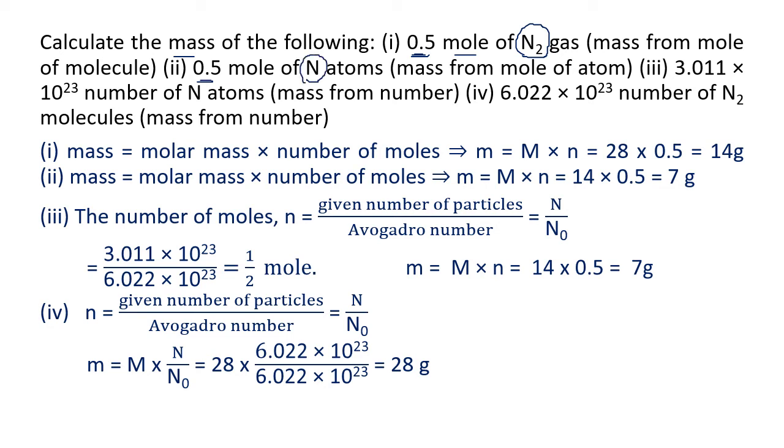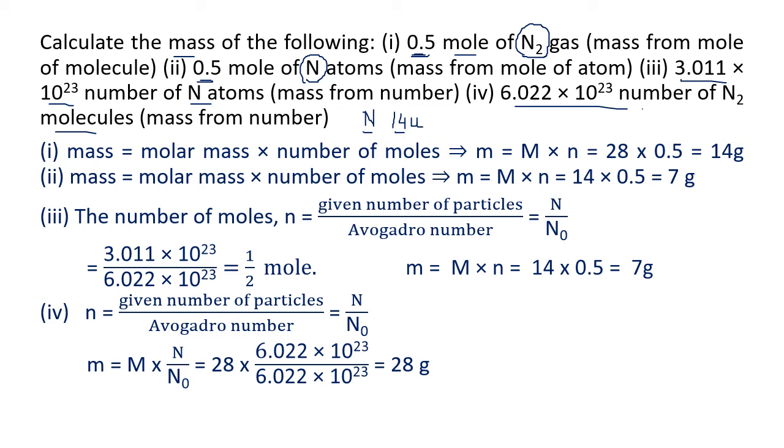We have to calculate the mass of 3.011 into 10 raised to 23 number of N atoms, and the mass of this many number of N2 molecules. So there are 4 things we need to do here. But first of all, we have seen before that the mass of one atom of nitrogen is 14 units. I hope you remember.